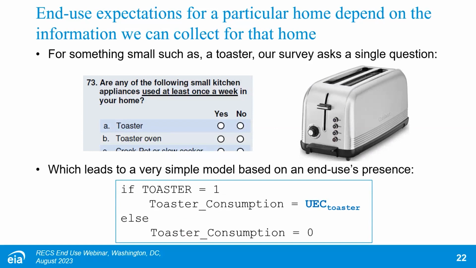But that's it. So the end use model for something this simple is just an assignment of some representative value of electricity consumption for a year. And we get that from the literature, either from a field study where someone has measured it, or from some bespoke targeted campaign to estimate that. And so here, UEC stands for unit energy consumption.